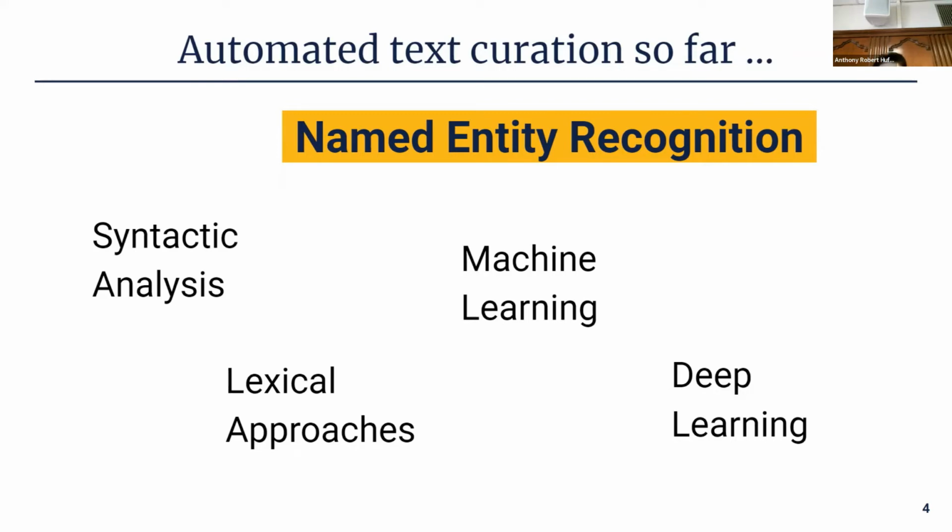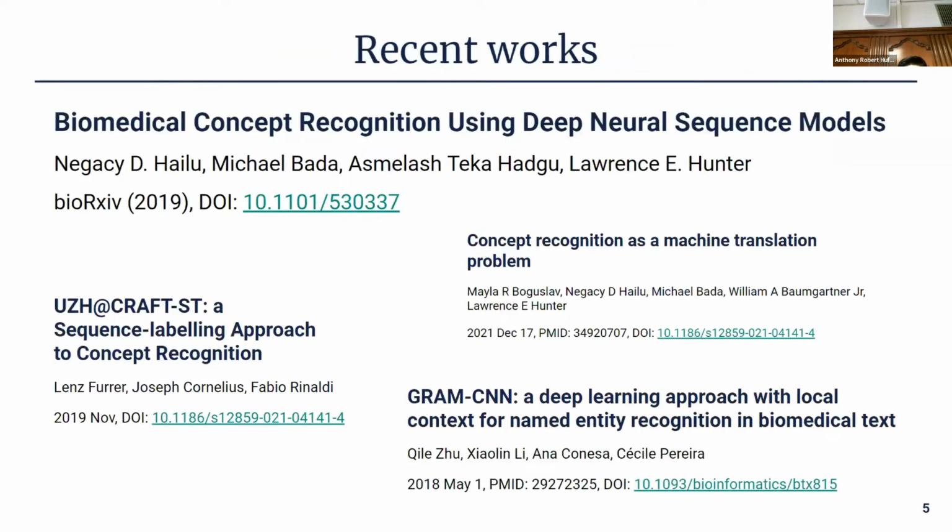So in that regard, deep learning has started to perform better, and that's why you would see that most of the researchers these days are using deep learning for these kinds of tasks. Here are some of the recent work that I have gone through, and they are pretty much using deep learning.